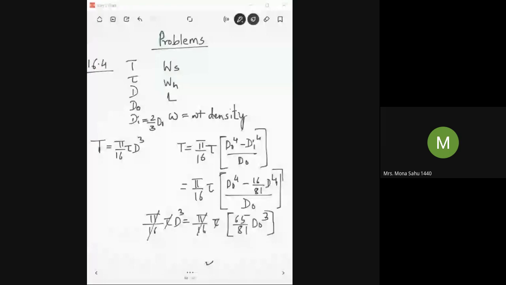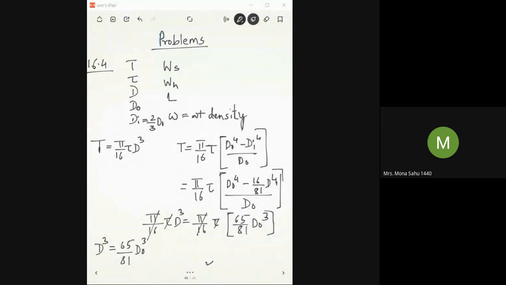Finally you will get D cubed as 65 by 81 D naught cubed.